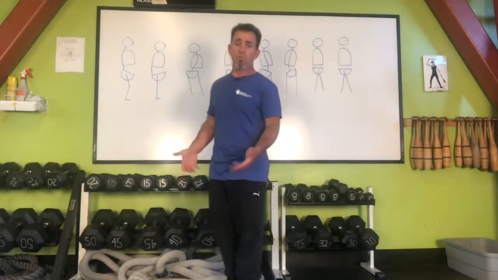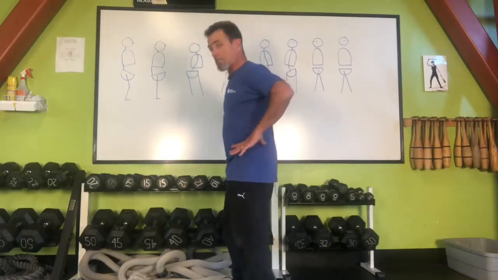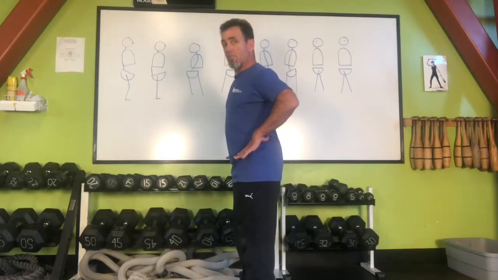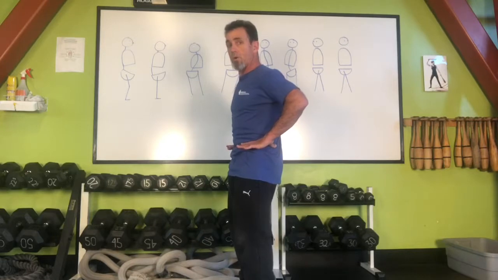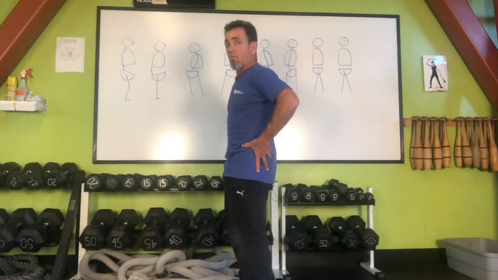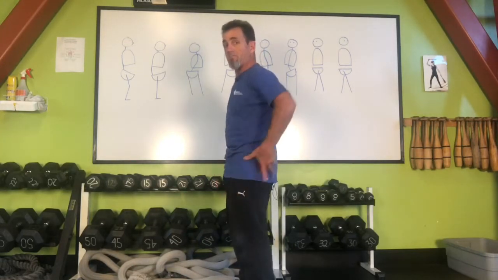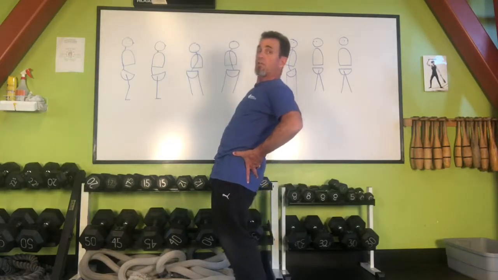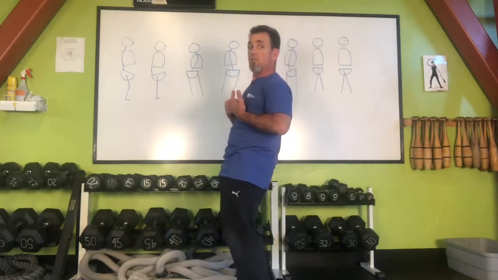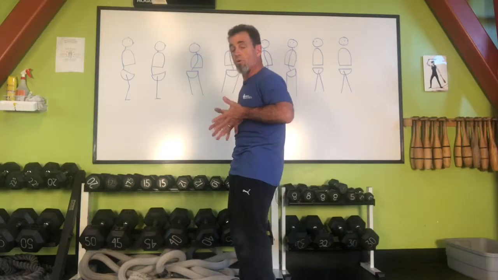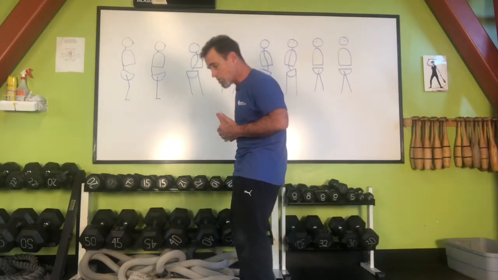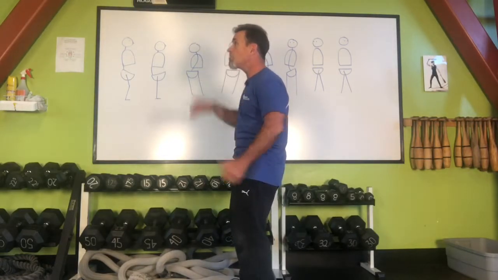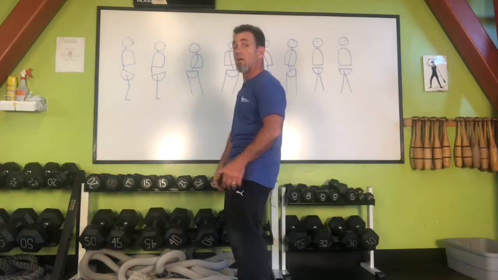Now the second shape would be just the opposite direction. Instead of an anteriorly tilted pelvis, the pelvis would begin posteriorly tilting. And in order for me to keep my weight over my feet as my pelvis posteriorly tilts, I need to bring my rib cage into a forward or anterior tilt, which means that the head would have to posteriorly tilt to stay on top of this.